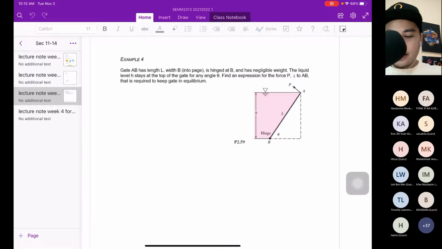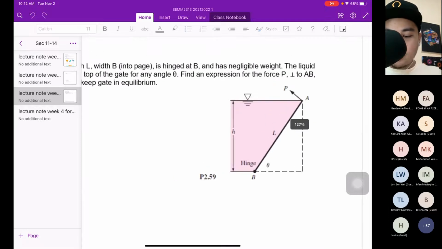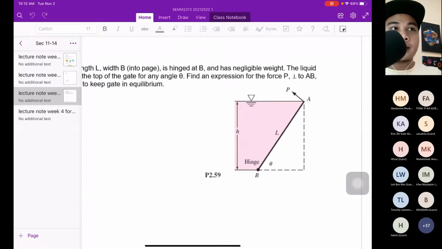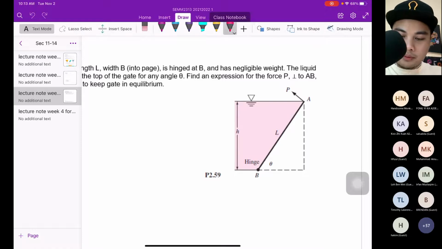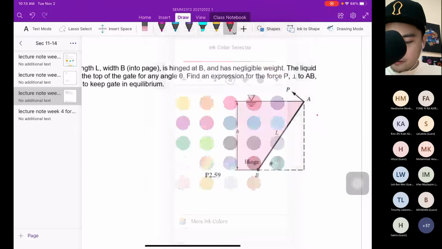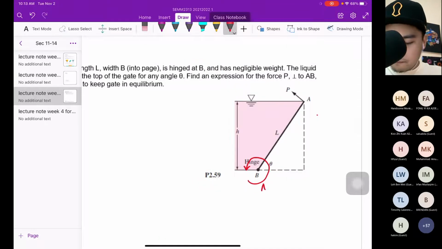Okay, the first step, to get the equilibrium, we must apply the moment at point B. So I want to apply the moment at point B equal to 0. Do you know why I need to apply the moment at B?